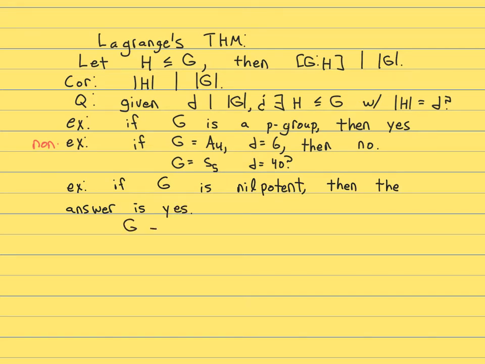And why is this? Because G is isomorphic to a direct product of its Sylow subgroups, and each of them is a p-group. And so if you factor d as p1 to the a1 through pk to the ak, you know there exists Qi, a subgroup of Pi, where the size of Qi has the appropriate order, pi to the ai.